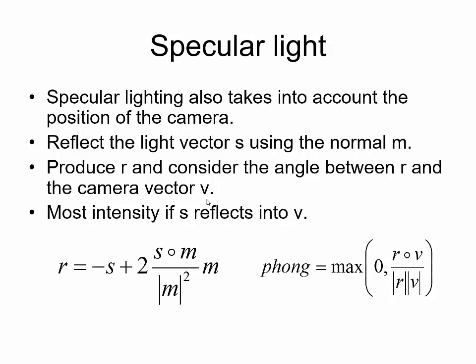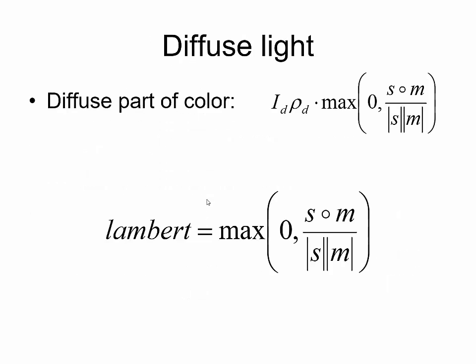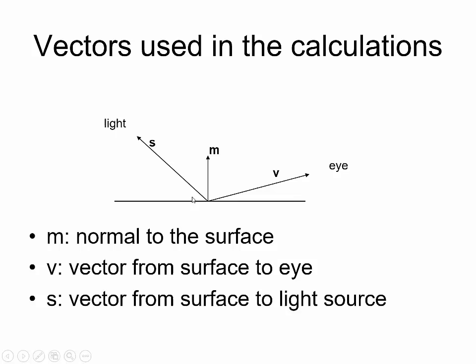Specular light, however, takes into account where the camera is as well. So if we go back to the picture, you can see here that if we imagine that we take the light coming from here and reflect it around the vector M, meaning that it'll go somewhere up here, then we have a vector here, which is the reflected light vector, reflected by the normal itself.